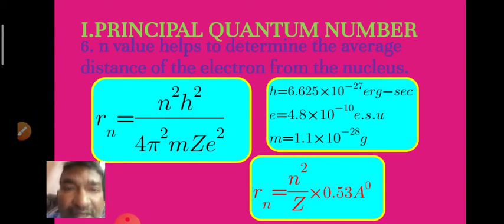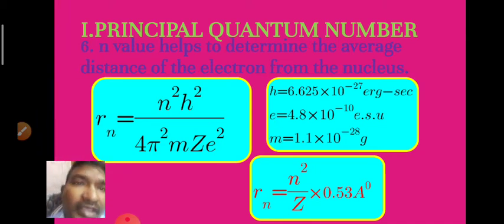Here n is an integer value, it may get the value from 1 onwards, and h is the Planck constant. m is the mass of the electron, Z is the atomic number, and e is the charge of the electron.